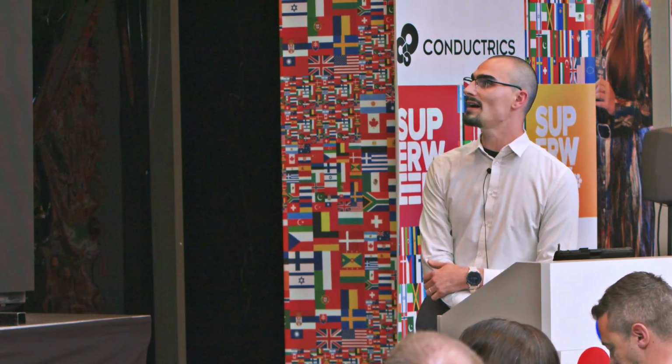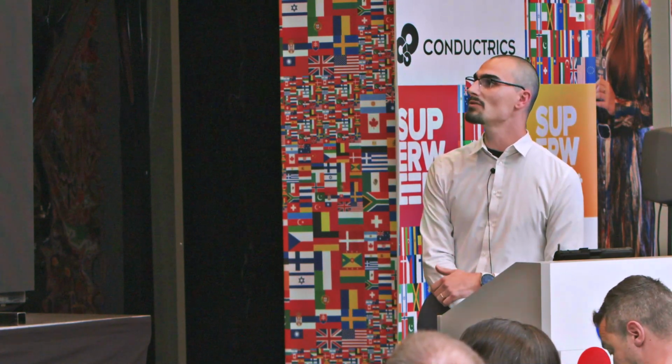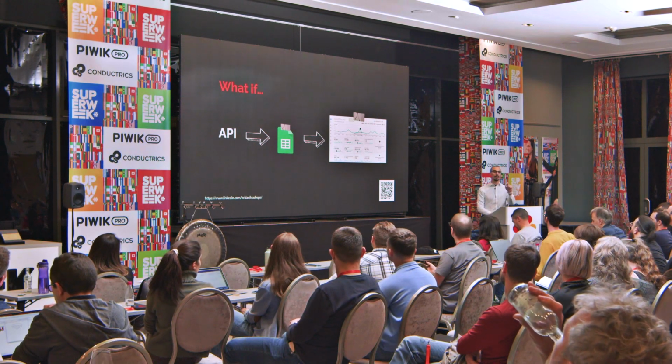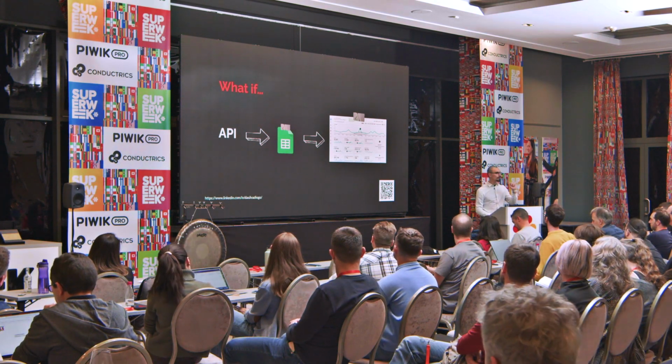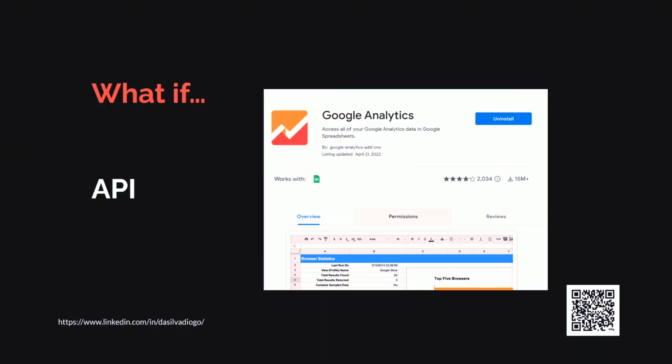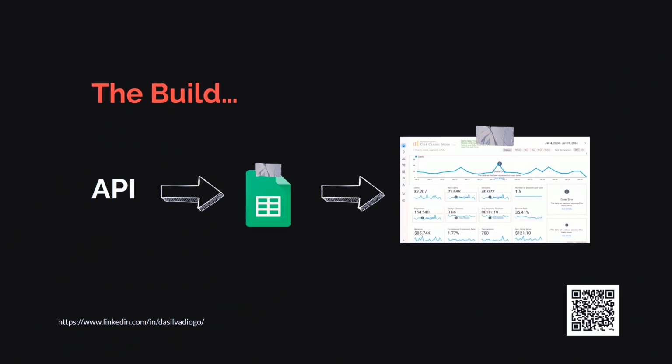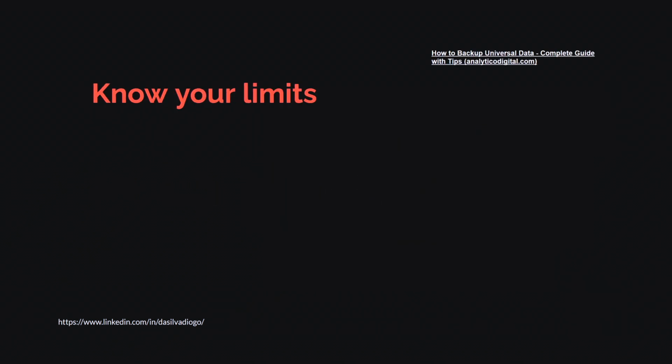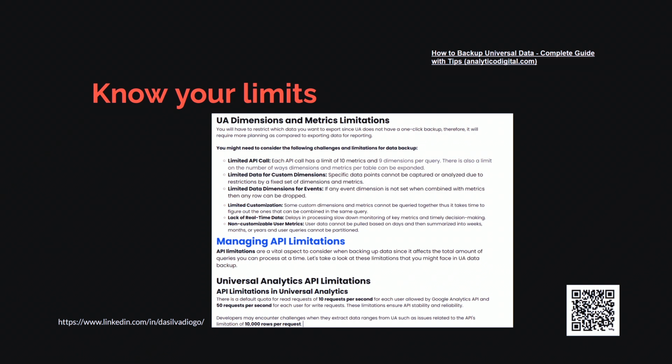So that's what I did. Instead of Excel files, I've created Google Sheets. I added the API, the official Google connector. For the old Google Analytics, Google Analytics Universal, I read about the limitations of the APIs to avoid any sampling that could occur and the amount of data that I could retrieve.